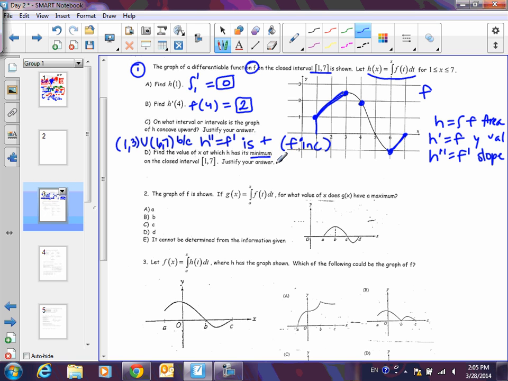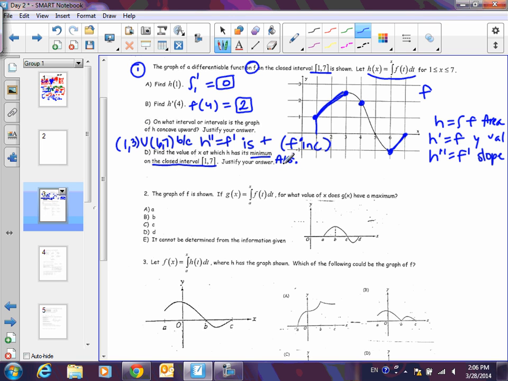And like I said, we're going to have a continuing conversation about how to know. But here's another clue. When they really emphasize the whole closed interval, it's leading you into absolute because remember, your absolute min or max can happen at the endpoints. So if they say closed interval, which is basically giving you your endpoints, then probably absolute.